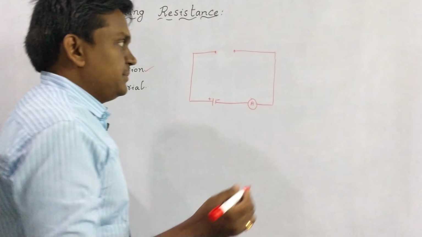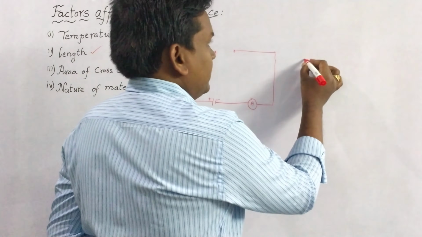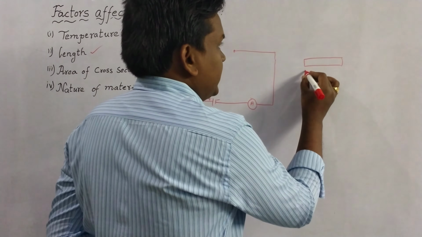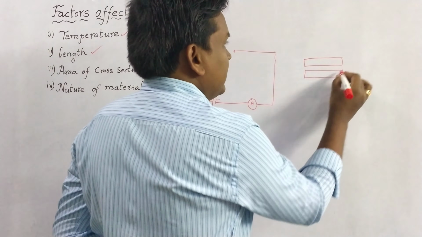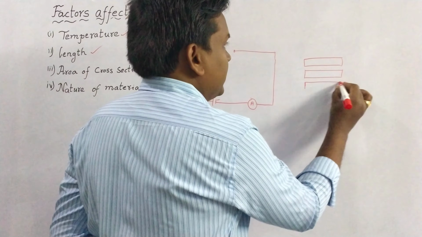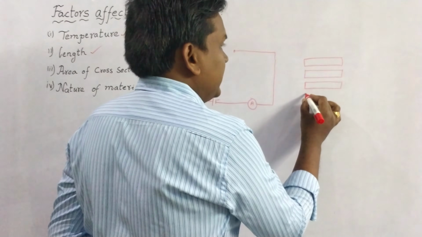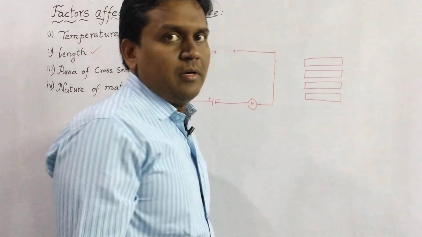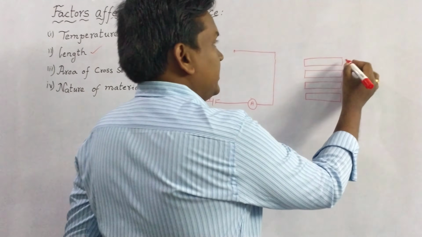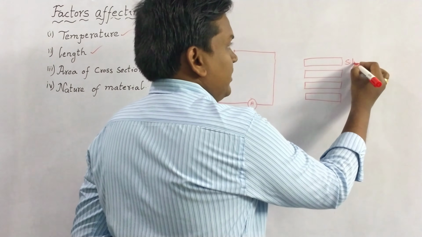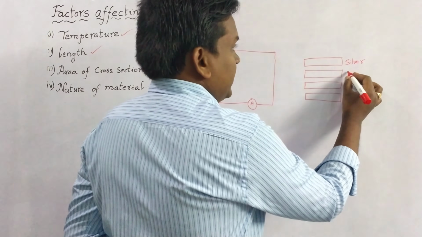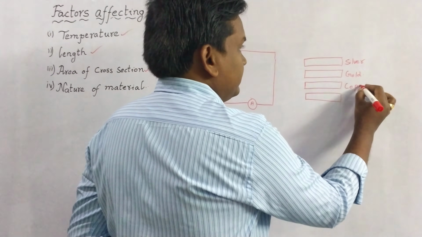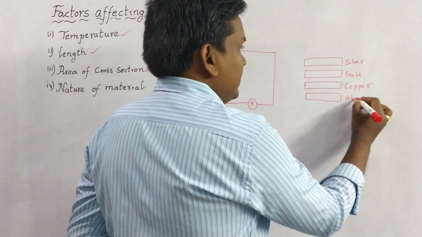So now we will take 4 materials of the same length and same area of cross section, but here the nature of the materials is different. Let us consider silver, gold, copper and aluminium.